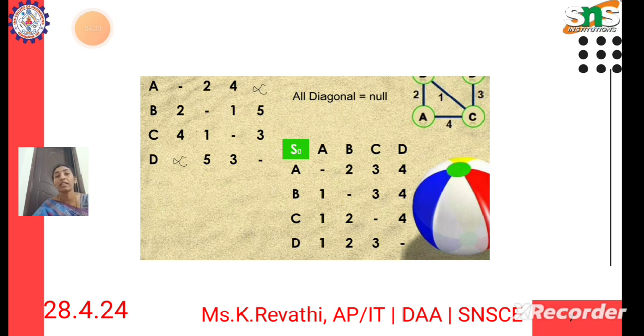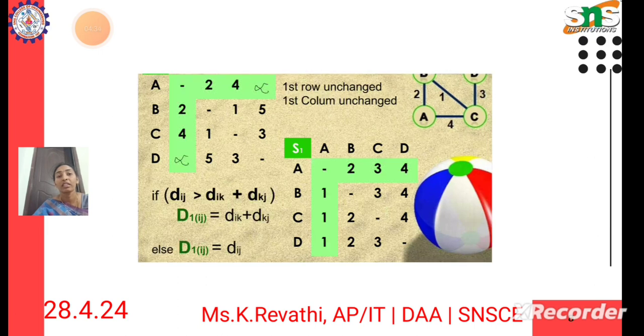Then the resultant value is calculated as: if d[i][j] is greater than d[i][k] plus d[k][j]. If an intermediate path is present between the source and destination node, it will be calculated using this formula.